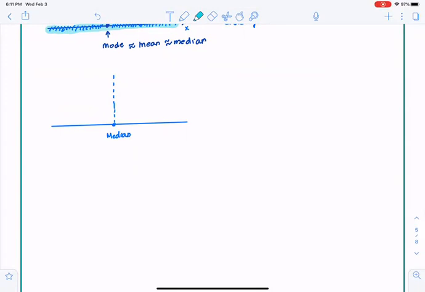But each dot means a number on the real number line. So I have more observations on one side.